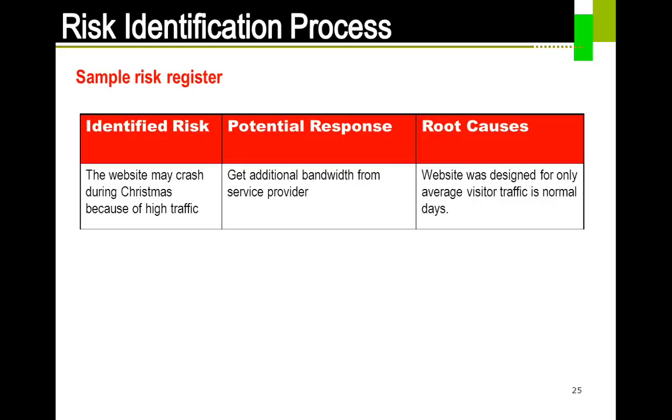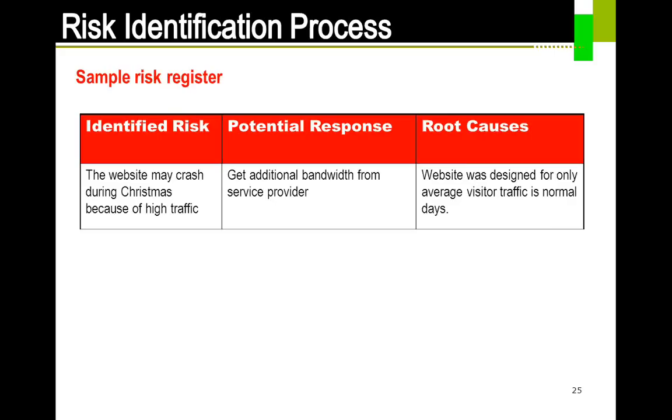To give an example here, you have identified a risk which says that the website that you have developed may crash during Christmas because of high traffic. What does this mean is, let's say you have an online shopping website, and especially during Christmas, a lot of people would come and buy the products, and instead of accommodating, let's say 1,000 users, that time you need to accommodate suddenly 10,000 users.